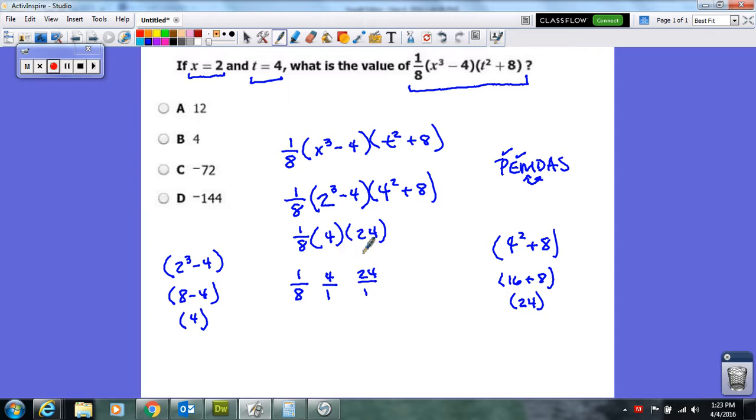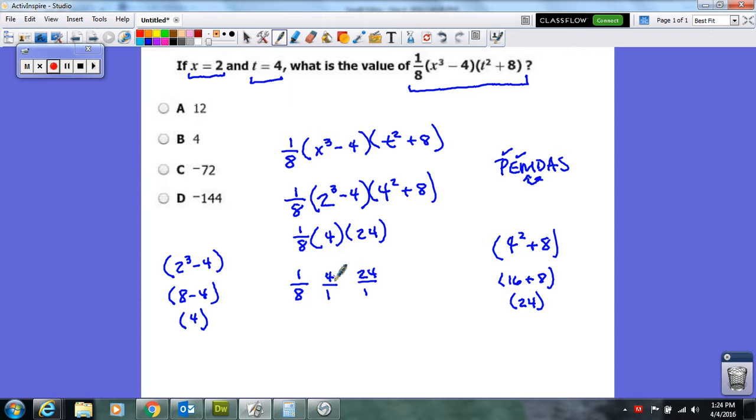Something else to remember, the parentheses between each of these numbers indicates that we have multiplication here. I kind of glanced over that, but that is an important factor in this problem. 1/8 and 4, the bond between these two values, since they're separated by a parenthesis, is multiplication. And then this 4 and this 24, the bond between those, since they're separated by parentheses, is also multiplication. So I simply have three numbers that are being multiplied together.